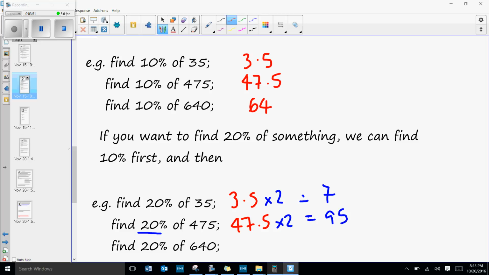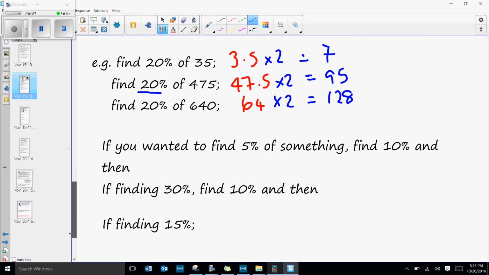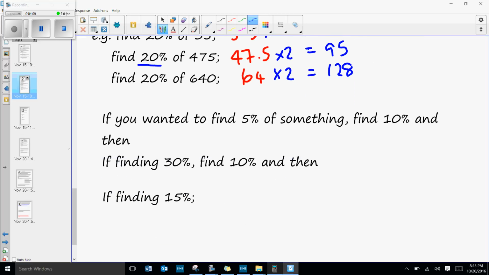And 20% of 640 would be 64 multiplied by 2, which is 128.